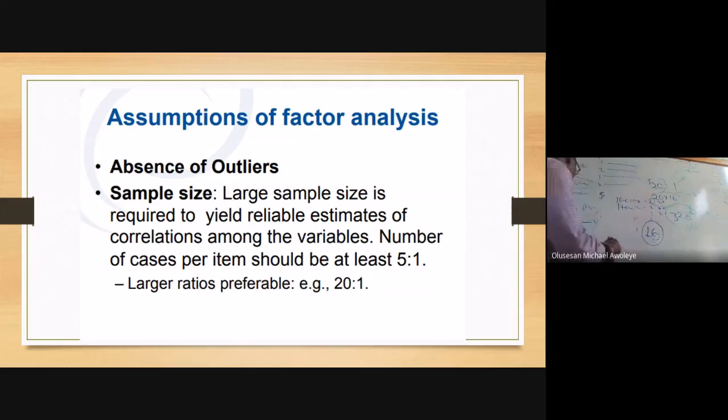If you say okay, the total number of your items should be 20, what should be the recommended number of cases that should be analyzed? You know the answer within you, but you are giving me a post hoc answer.